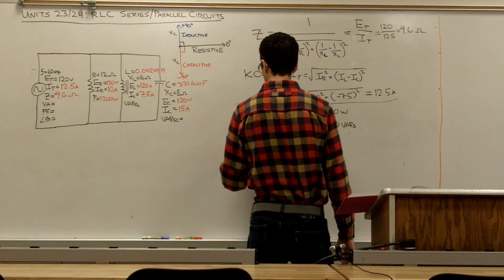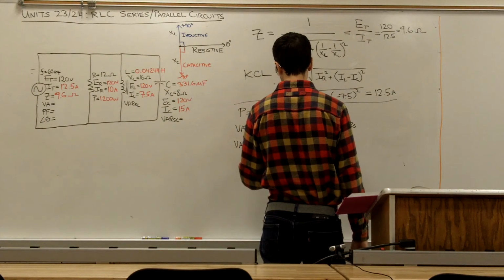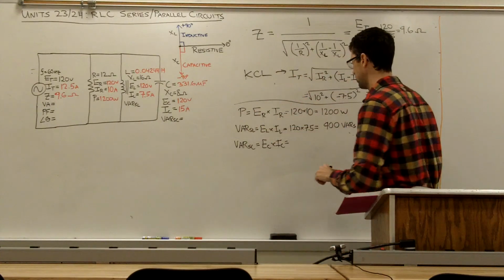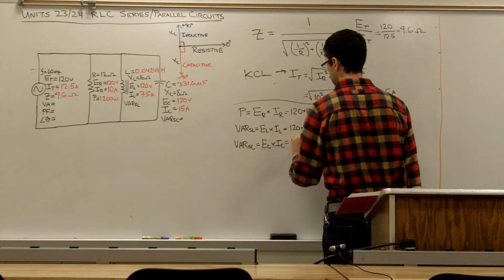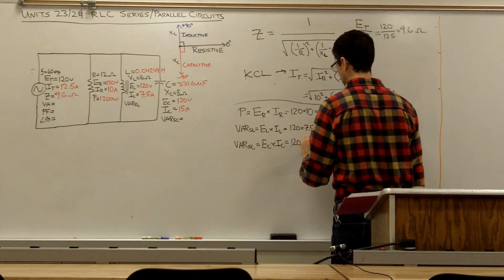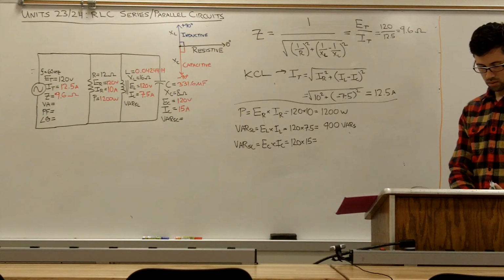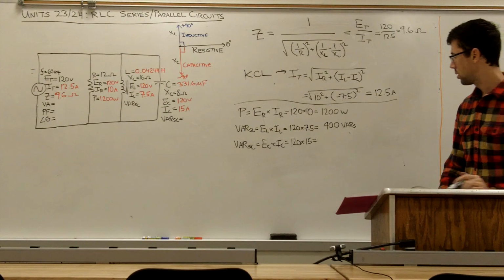Next, the reactive power from the capacitor, bars C, would of course be EC times IC. So 120 volts times the capacitive current, that's the current in the capacitor branch. So 120 times 15 gives me 1,800 bars.